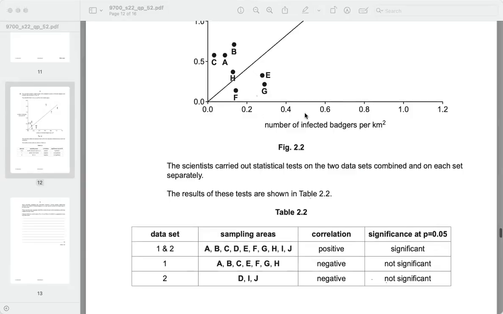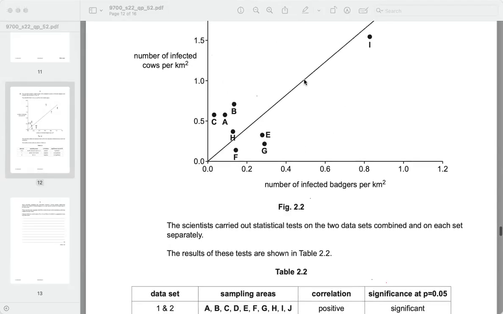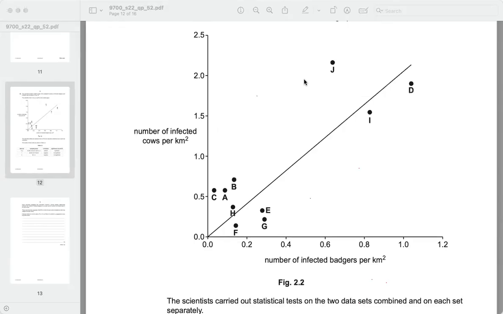So if you look very carefully here, we have the graph which is given to us, the scatter plot, and we see the number of infected cows per kilometer square. There are a lot of dots on the top part, and there are 1, 2, 3, 4, 5 dots on the bottom. So if we look at the support data, what do we say?